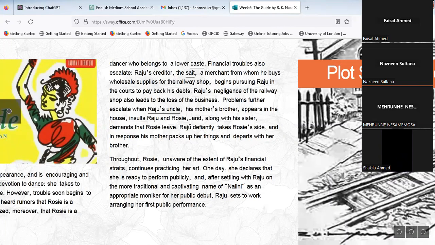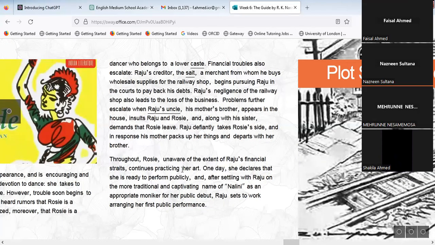Raju defiantly takes Rosie's side, and in response, his mother packs up her things and departs with her brother. Okay, so when Raju takes Rosie's side, Raju's mother left him, with her brother.